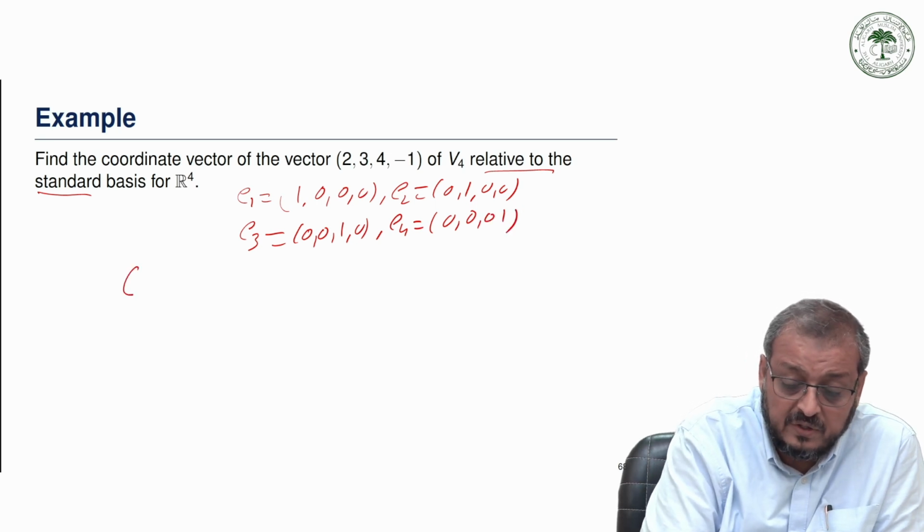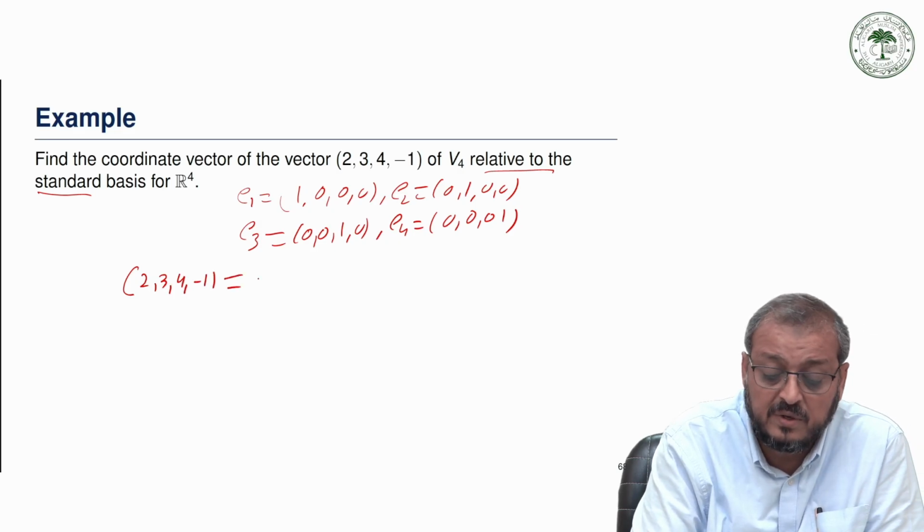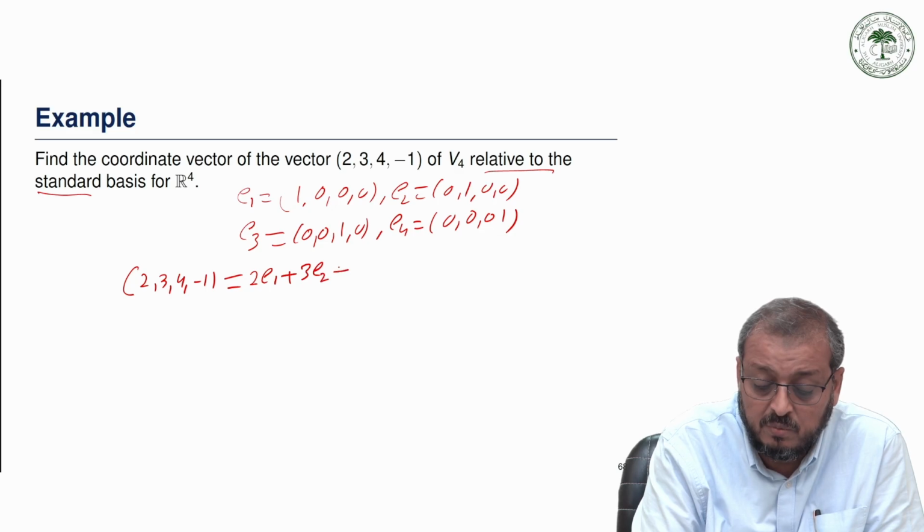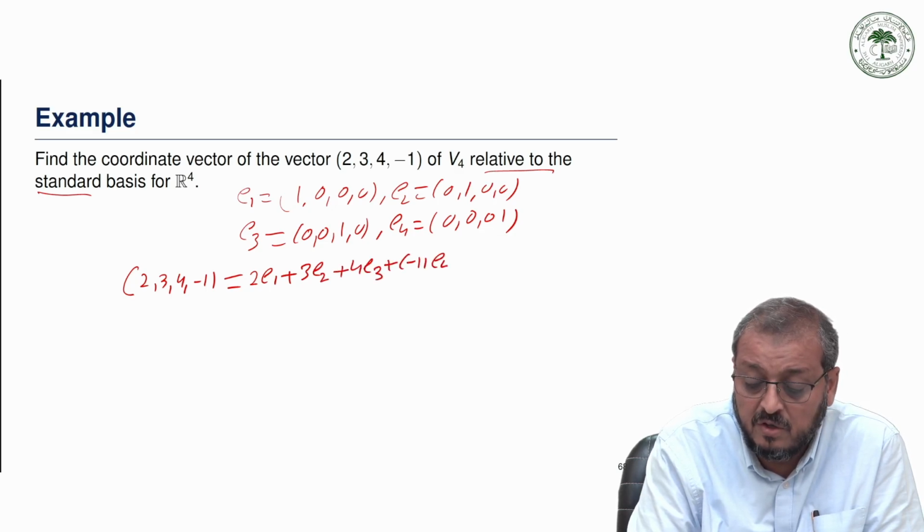That means we can say that the vector (2, 3, 4, -1) can be written in the form of 2 times E1 plus 3 times E2 plus 4 times E3 plus (-1) times E4.